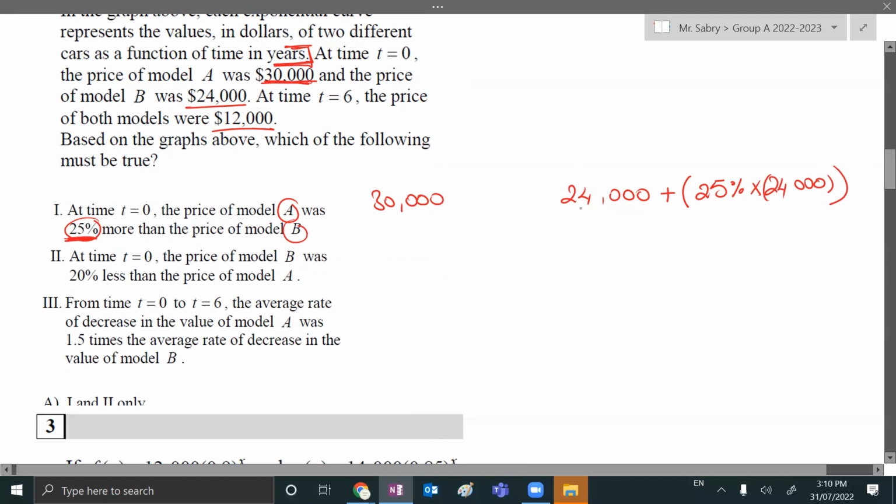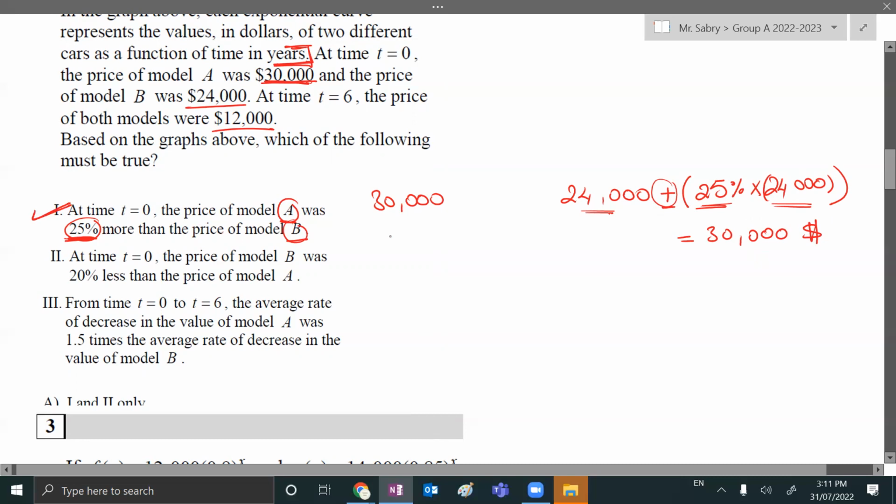So I took the price of model B and added on it 25% of the price, which is 24,000. If you do this on a calculator, you'll find that it equals 30,000. So apparently it's true. The first condition is true.